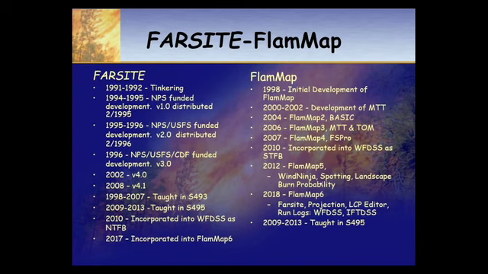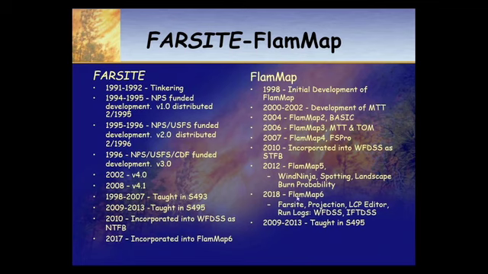And then in 2012, with the FlamMap 5 release, we included WindNinja, spotting, and all the fire spread algorithms for minimum travel time. We had landscape burn probability mapping, which is similar to what some people may know as FSim.